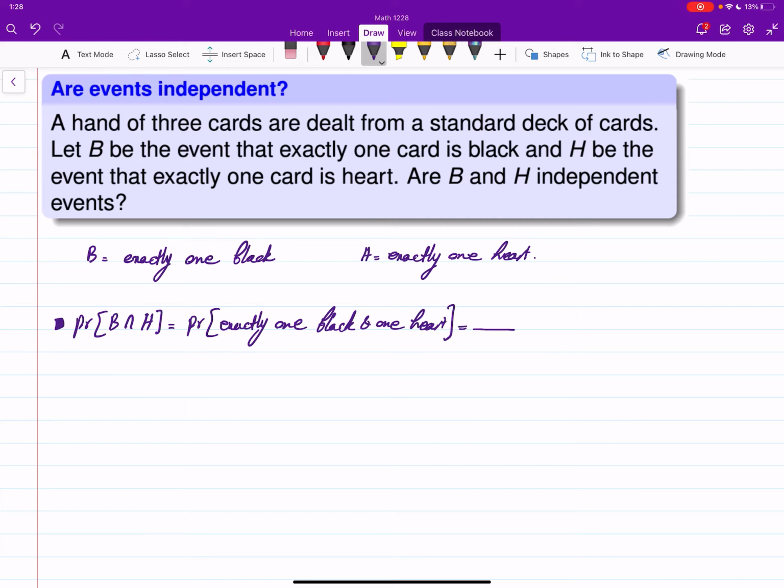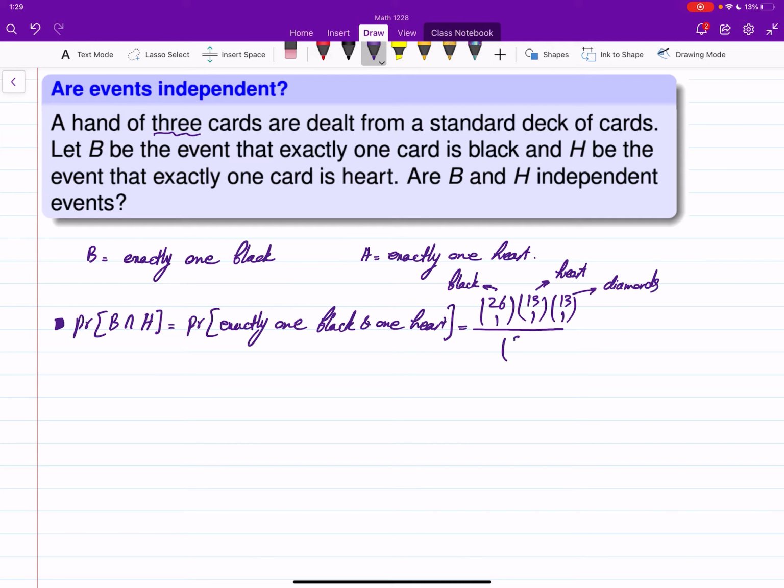Well, remember there are 26 black cards, spade and club. So I want to choose one out of these. Then I want to choose one from the hearts. But I still need to choose one more because we are taking out 3 cards, yes? So the rest will come from diamonds.